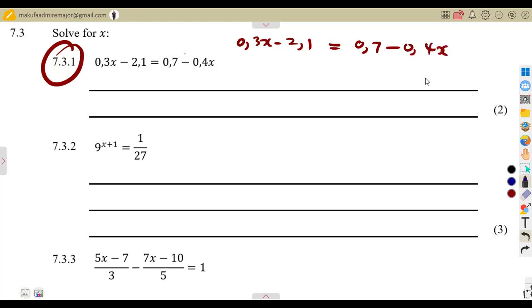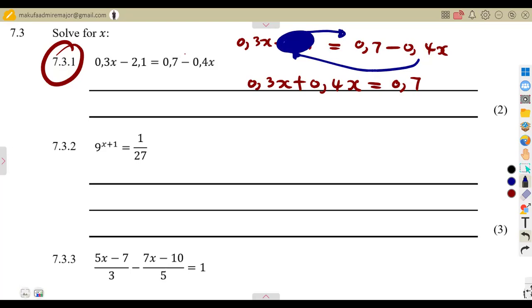You're going to take the terms of x to one side of the equation. The moment it crosses the equal sign, it must change its sign. It was a negative, so it's going to be a positive. This is 0.4. The minus 2.1 to the other side, it crosses the equal sign, it will be a positive 2.1.